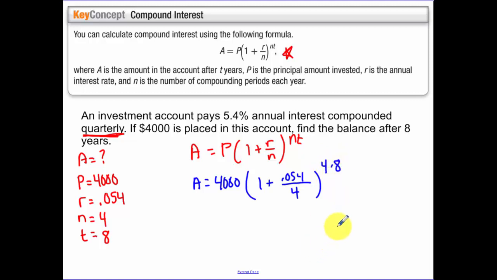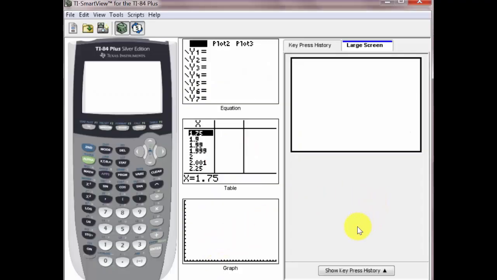Now again, this is calculator work. I'm going to pull up my calculator to show you how you're going to solve this. Do the piece in the parentheses first. So do 1 plus 0.054 divided by 4. Your calculator is going to do the order of operations for you. It's going to do the 0.054 divided by 4 and add 1 to it. Press enter.